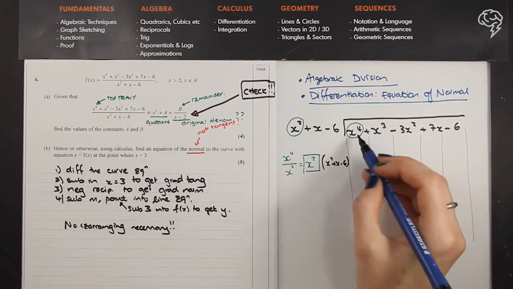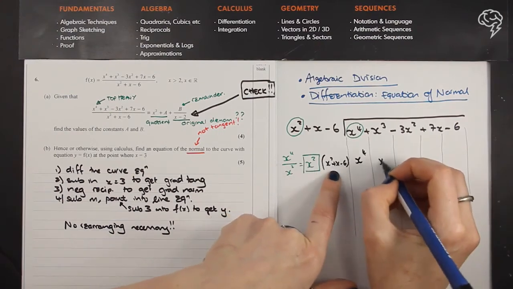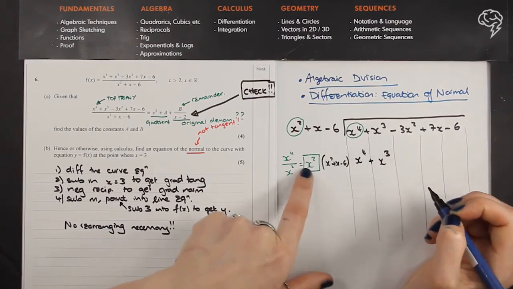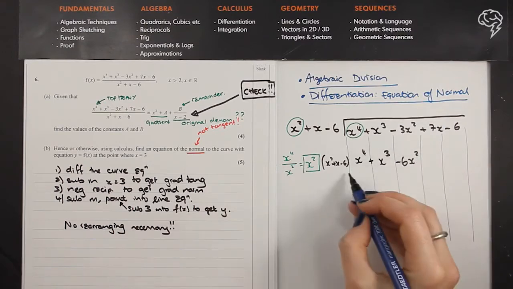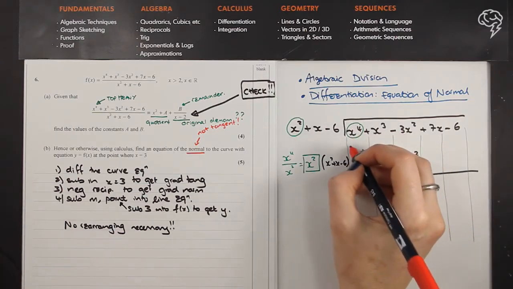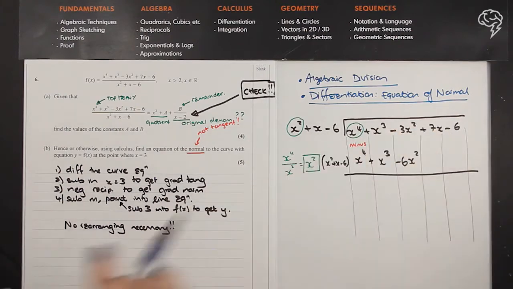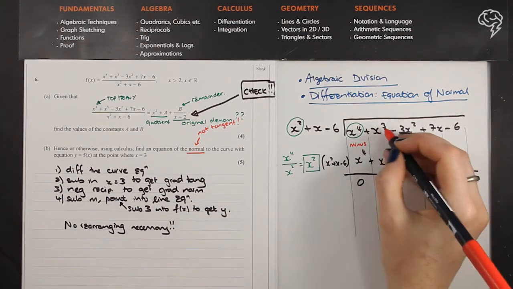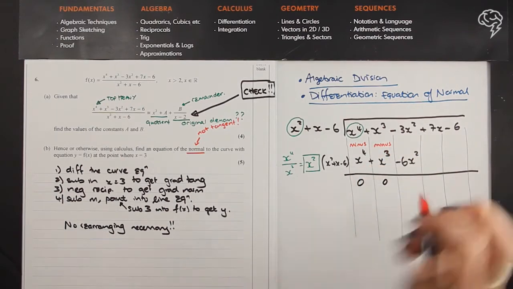Okay. Right. x squared times x squared, x to the 4. x squared times x, x cubed. x squared times minus 6, minus 6x squared. Done. Subtract. When you subtract, think really clearly to yourself. x to the 4 minus x to the 4, that is 0. x cubed minus x cubed, 0.